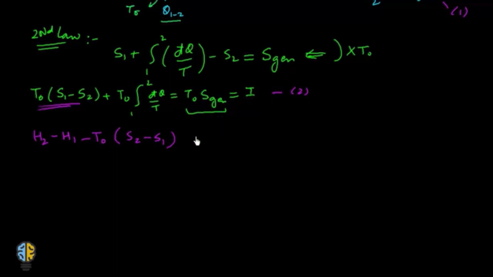Then you can combine the velocity heads, so you'll have (v2 square minus v1 square) upon 2, and then you can combine the potential heads, m g into (z2 minus z1).